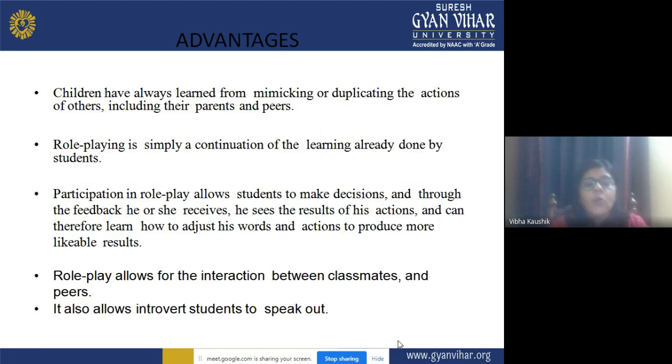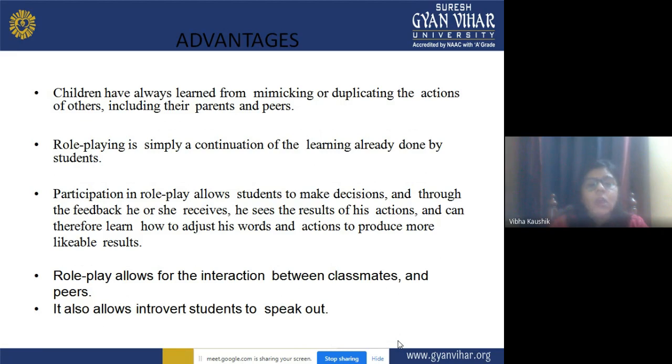Role play allows for interaction between classmates and peers, meaning a discussion can be held between them during or after the role play.